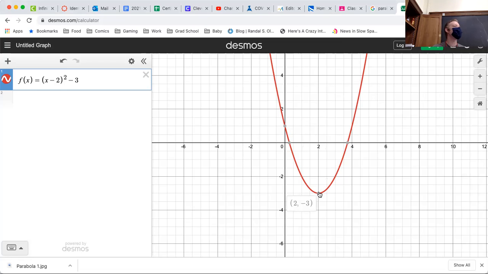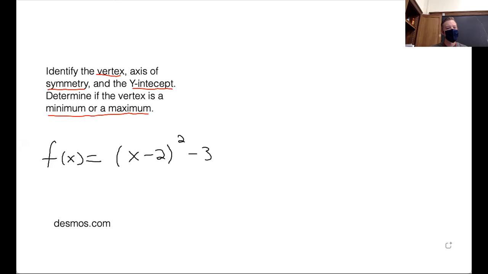So the vertex is (2, -3), and we can get that very easily from Desmos because it automatically calculates that information for us here. So if we go back to our problem, we can identify our vertex here as (2, -3).